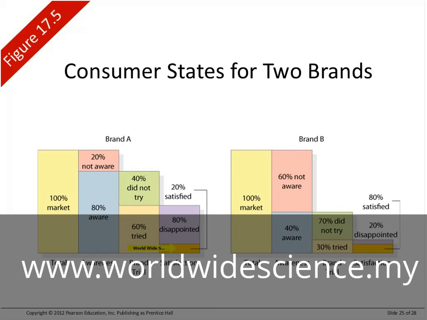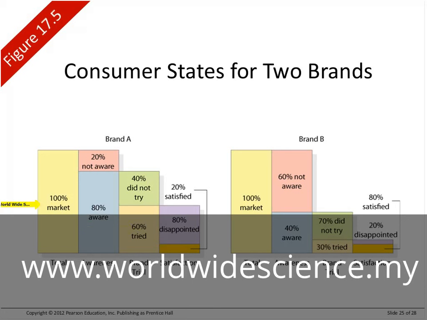Okay, I will explain this one. Every brand has a different level of awareness, trial, and satisfaction among your target audience, your customers, or your people in the target market.